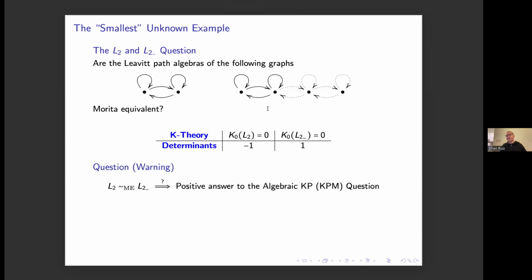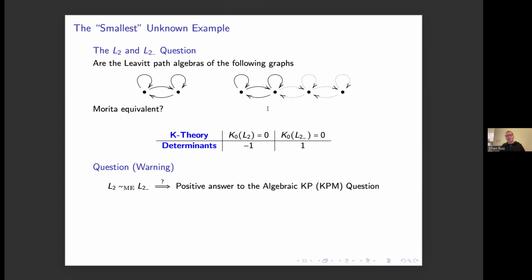And this comes to my warning, because I think many, at least myself, I don't want to speak for everyone, but for myself, for a long time when reading papers here, I really thought that if you solve the L2 and L2 minus question in the positive, then you do get a positive answer to the algebraic Kirchberg-Phillips question.